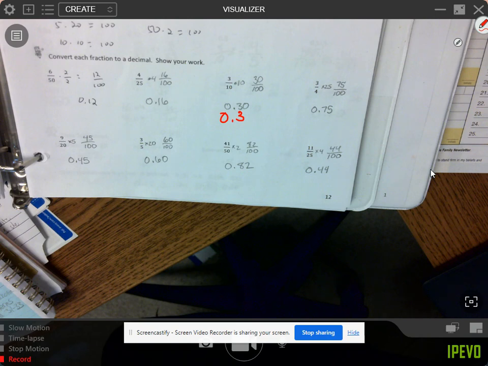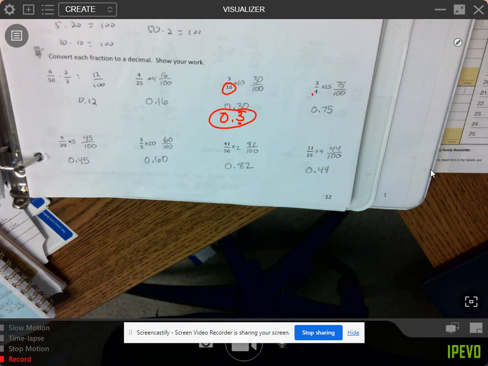So if it has the 10 on the bottom, you can put it as the number in the 10th place. So that is the one that we don't have to make go to 100. So I would accept that, Callie. But all the other ones, you can't do a 4 into the 10th place. It has to be the 10 going into the 10th place. So I would actually accept 0.3 on the test.